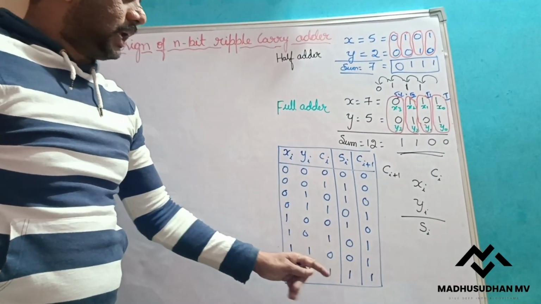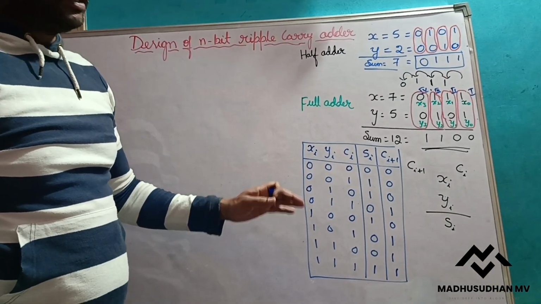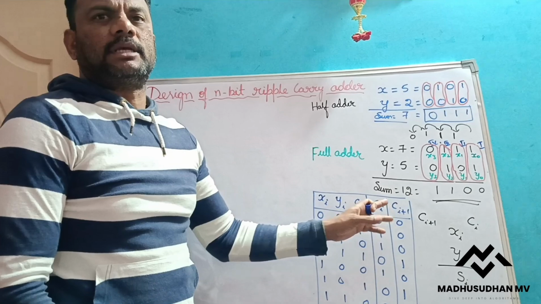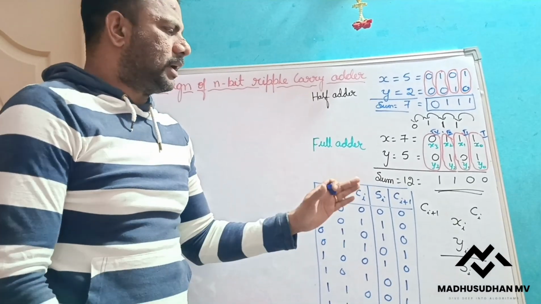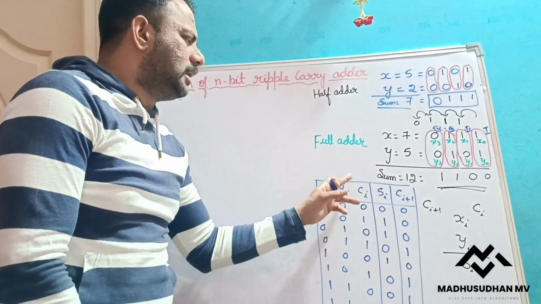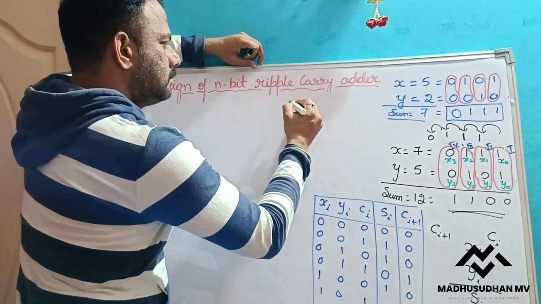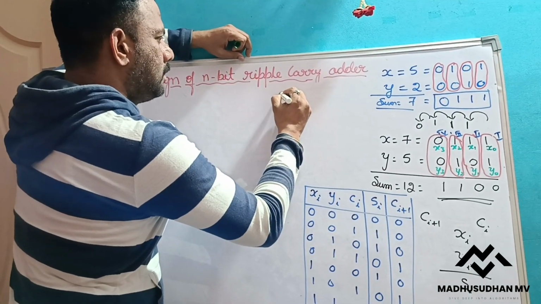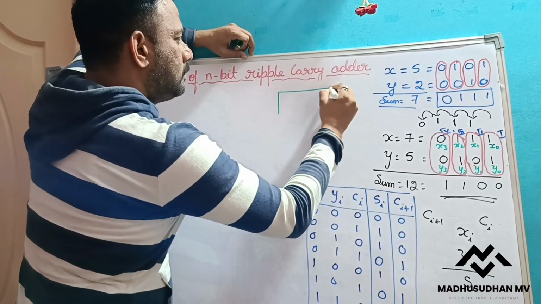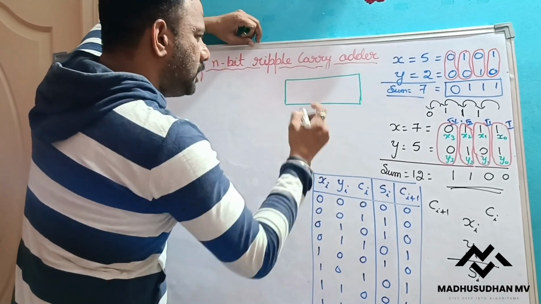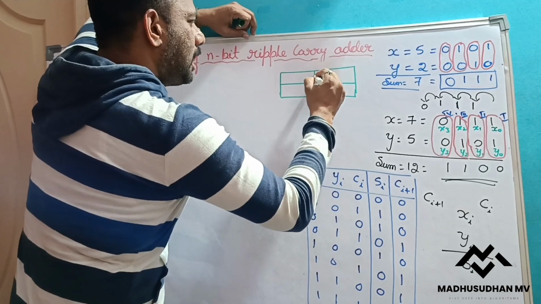For this truth table, let us write the K-map to get the equations for Si and Ci plus 1. These are 3 input variables, and for Si I need to write the K-map. Since 3 variables means 8 combinations, I need 8 cells in my K-map.